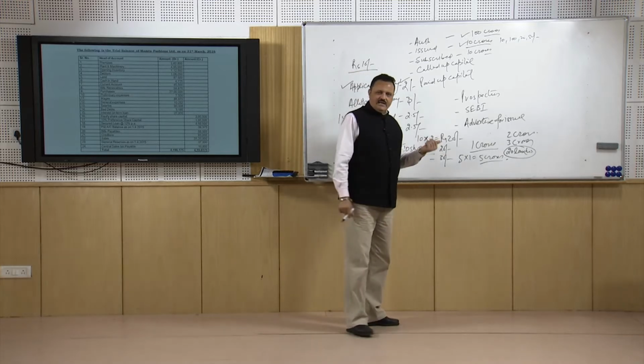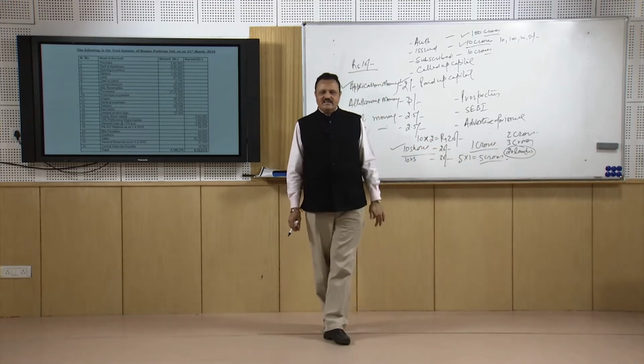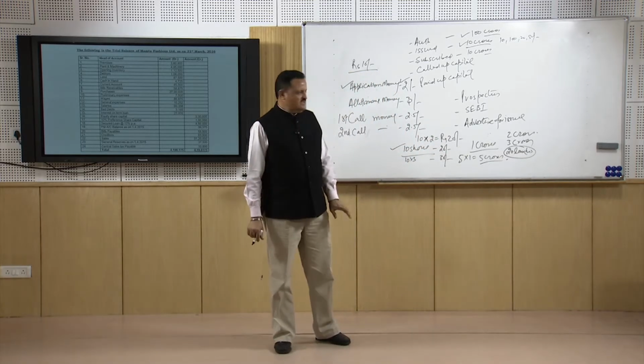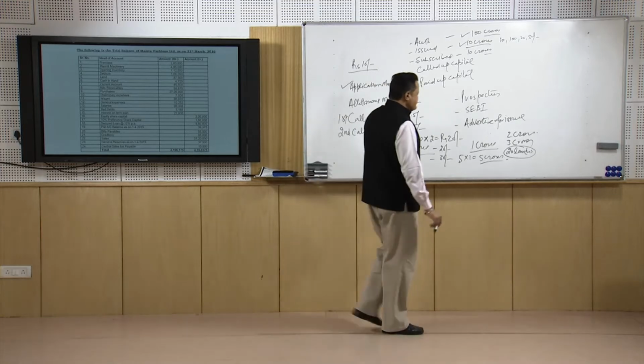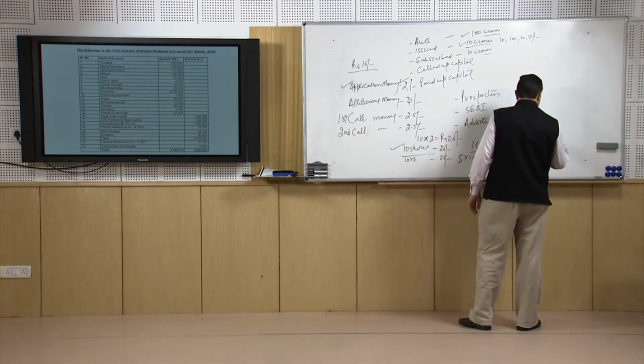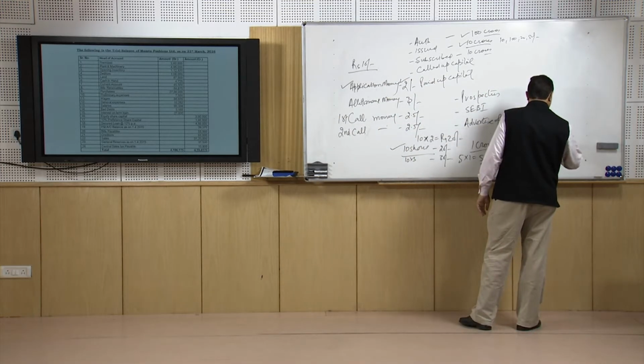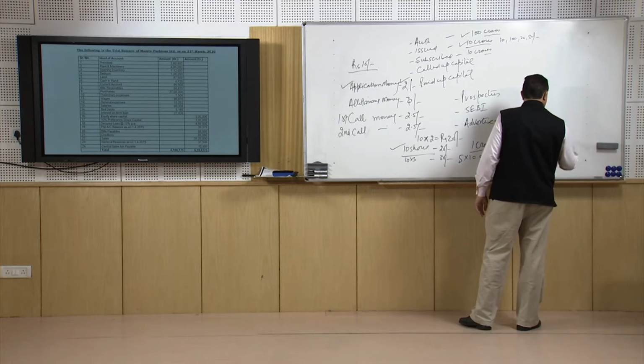And when the date for sending the allotment money was over, by that date company received here 2.8 crores of rupees.